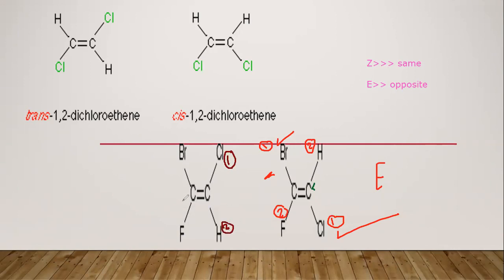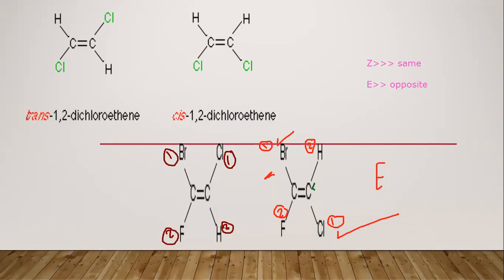In the second carbon, bromine. The atomic number of bromine is 35. The atomic number of fluorine is 9. So which one has a higher priority? Of course, bromine, because 35 is more than 9. So bromine has a higher priority than fluorine.